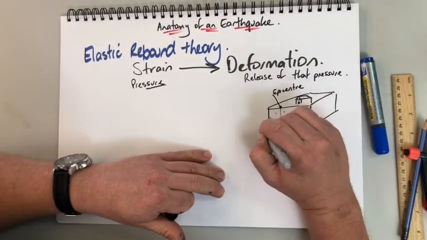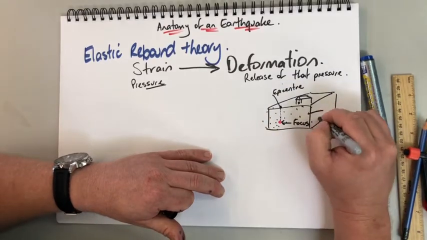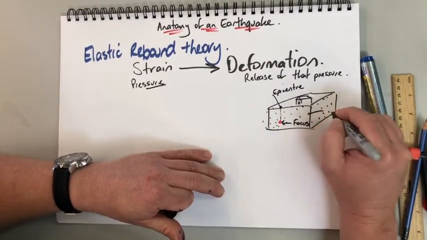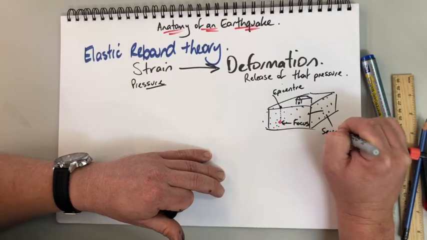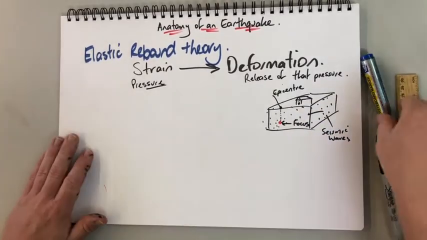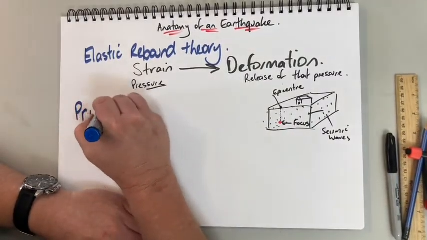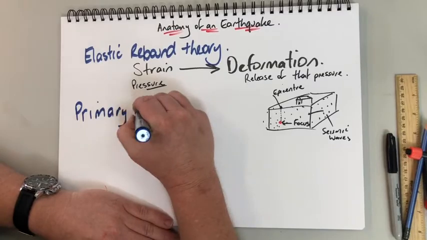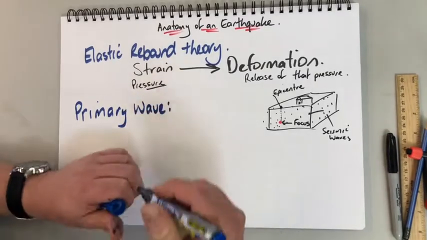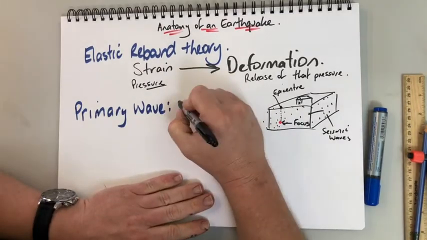Around the epicenter, we will have seismic waves occurring. So let's look at these seismic waves and let's look at our first wave. Our first wave is called the primary wave. Primary because it's the first. Primary waves are compressional.